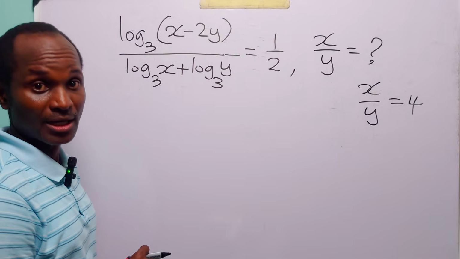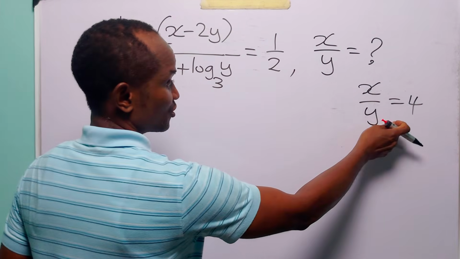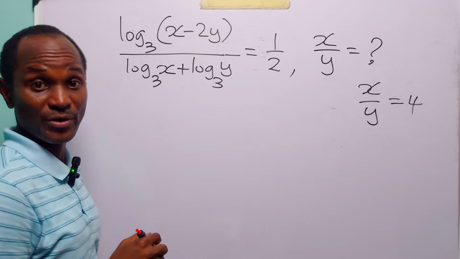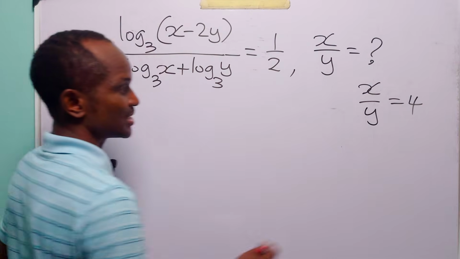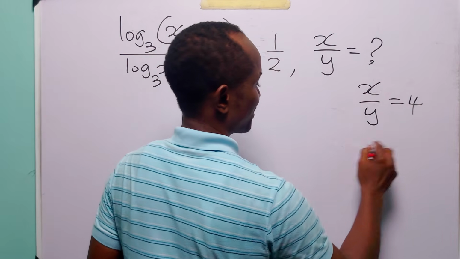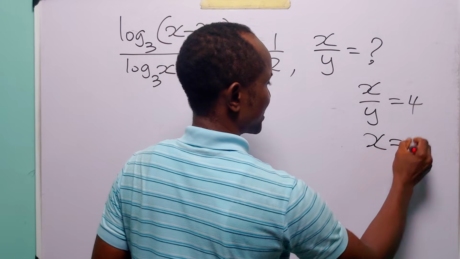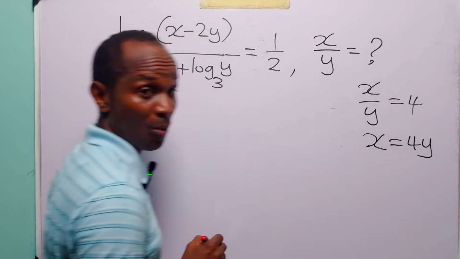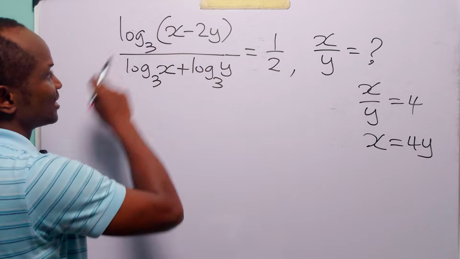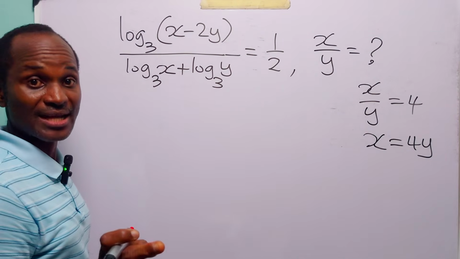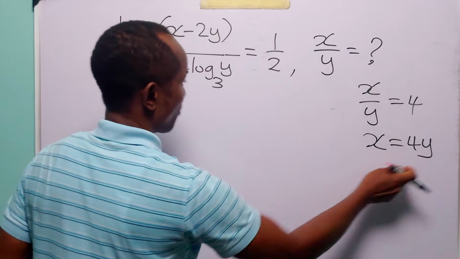Now, if you want to check to make sure that this ratio actually satisfies this logarithmic equation, first of all, you cross multiply. When you do that, you have that x is equal to 4y. Then you come over to this equation. Wherever we have x, we replace it with 4y.